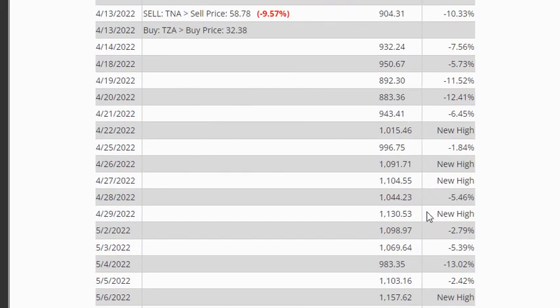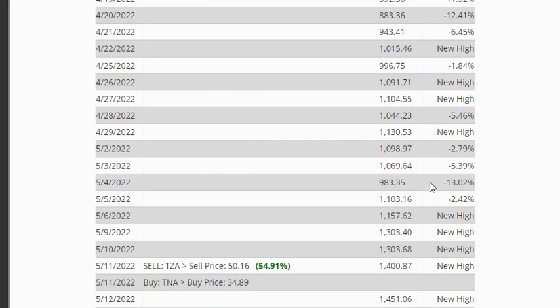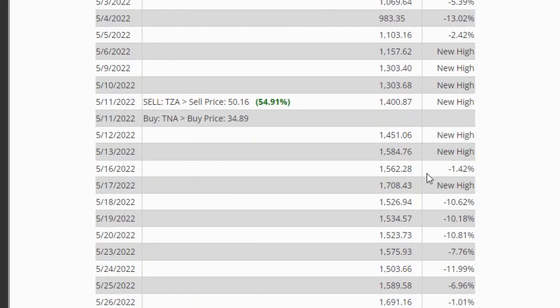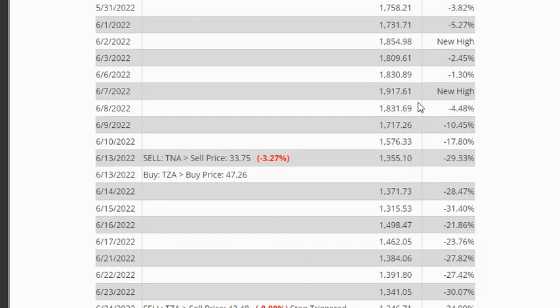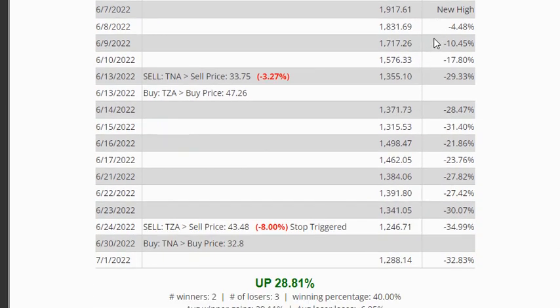And then it went on to a few more highs, took a little break down 13, then it came back with a whole bunch more highs. This one's been doing beautiful. And then it came over here, went down -10, -11, back to new highs. So it was performing, and now all of a sudden, boom, down 31%, now down 32, it was at 34.